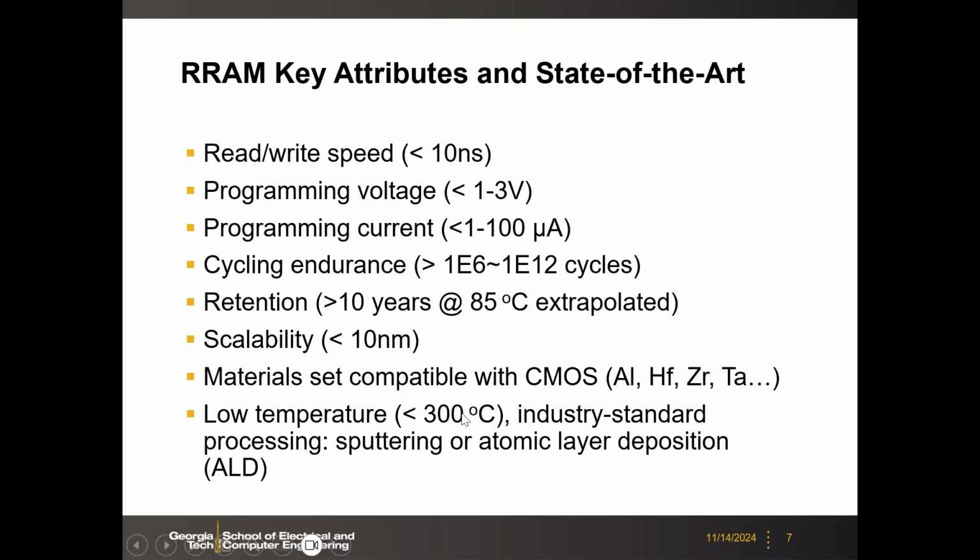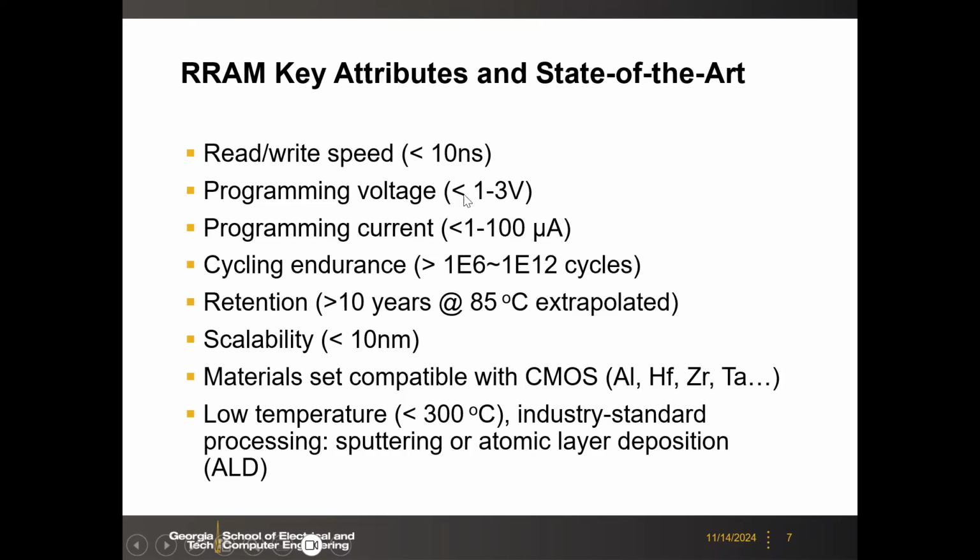And then I talked about the material choice being compatible with CMOS. The fabrication temperature is also under the thermal budget for back-end-of-line integration. Typically, people nowadays use ALD, atomic layer deposition, at around 200 degrees C to fabricate those oxides. Those numbers are representative.